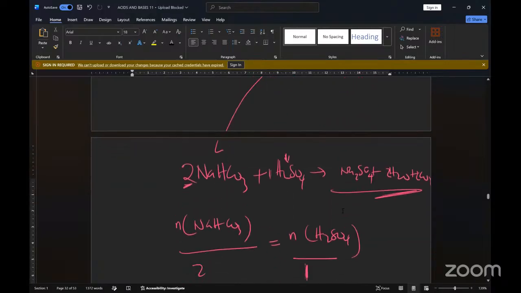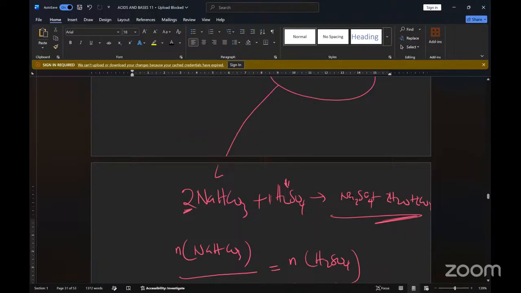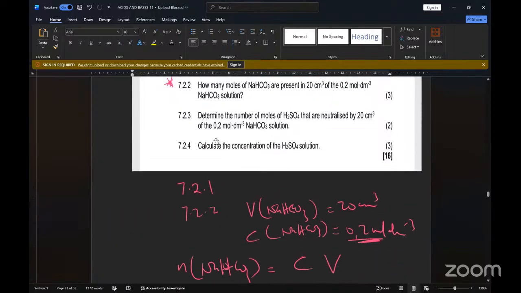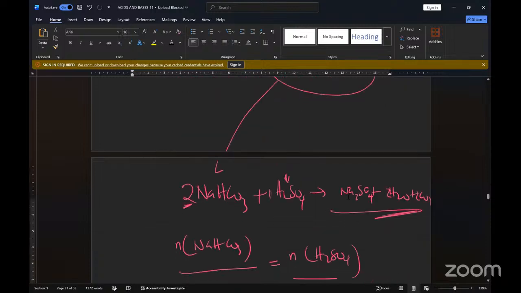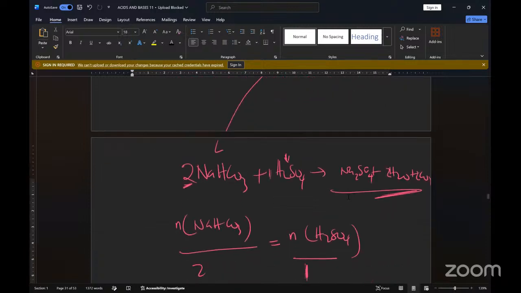Now, it says determine the number of moles of sulfuric acid. So this is what we are supposed to determine. Anything divided by 1 is that thing.